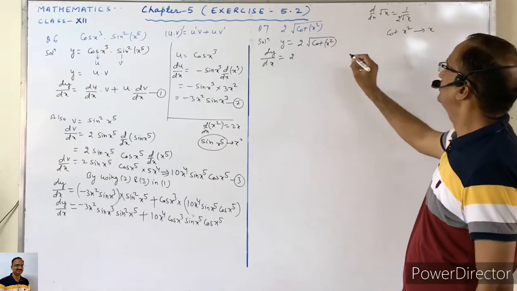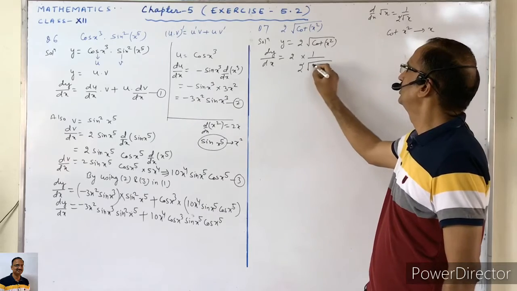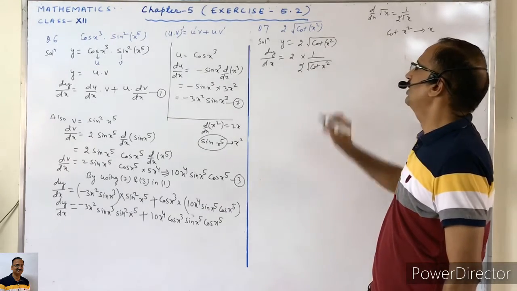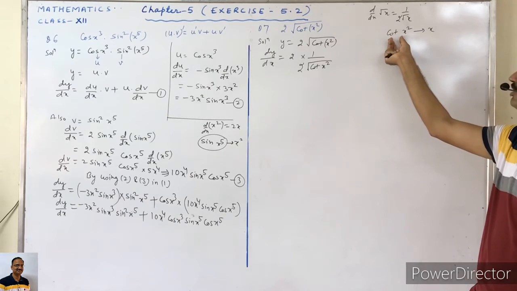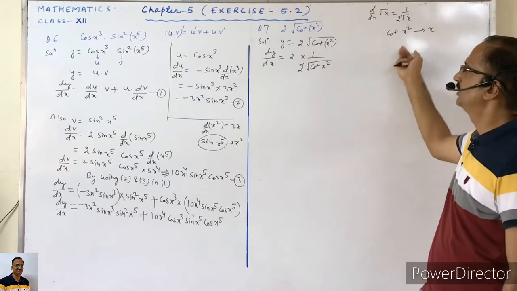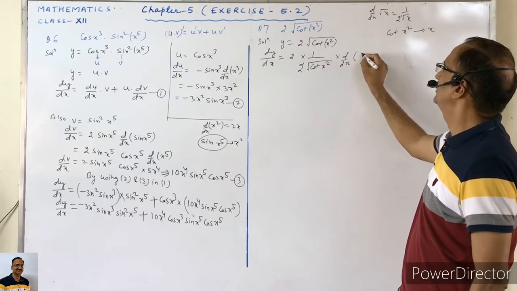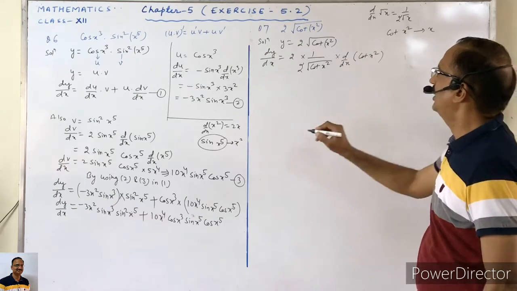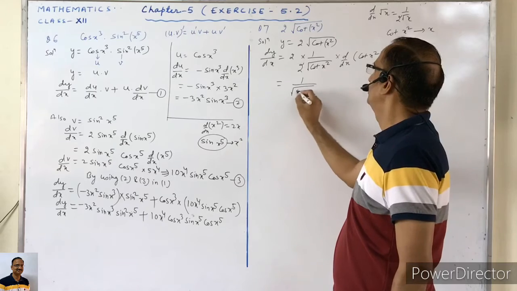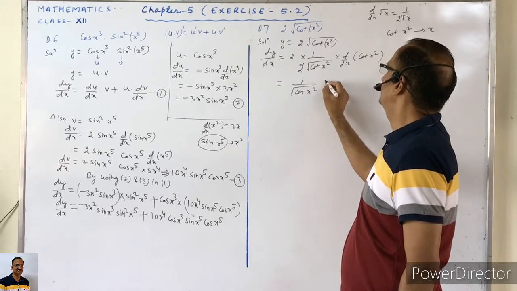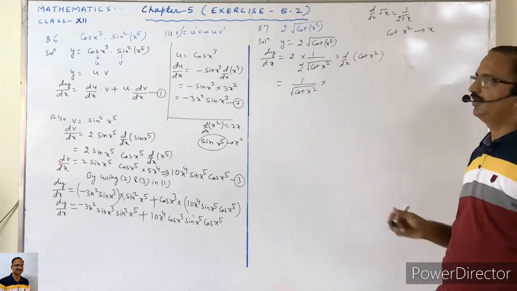So the derivative of this root x is 1 by 2 root cot x square. Now for time being we treat this cot x square as x. So we will write the derivative of this in the product, cot x square. Now 2 and 2 cancel out. This is 1 by root cot x square, and this is derivative of cot x square.